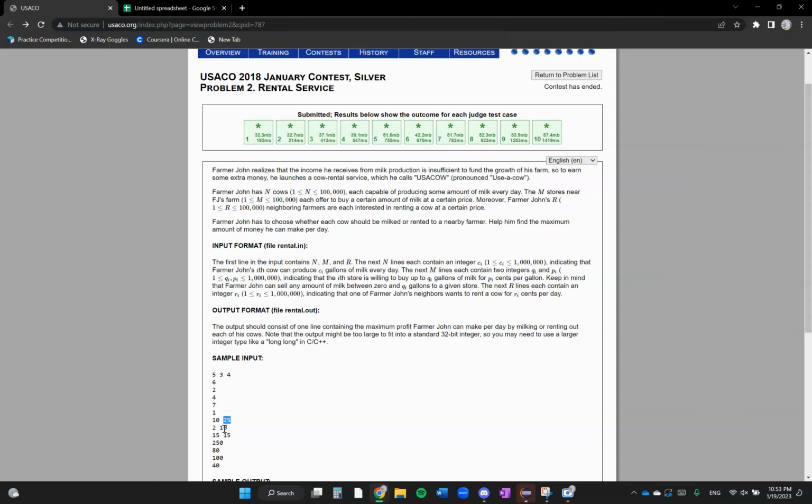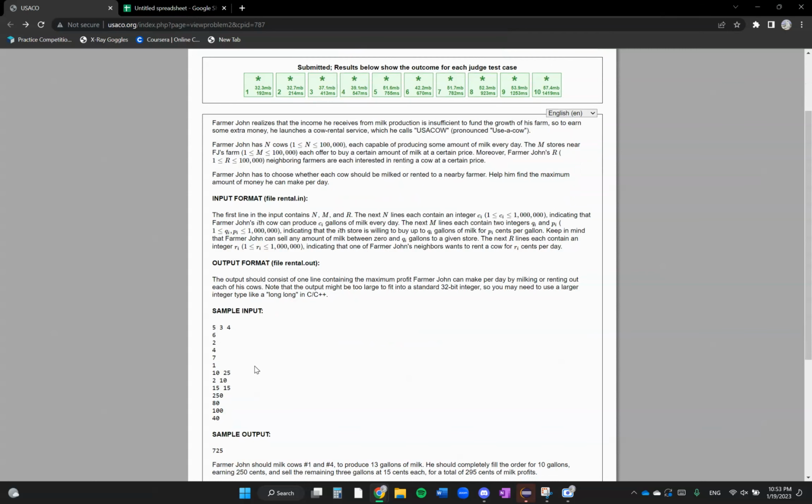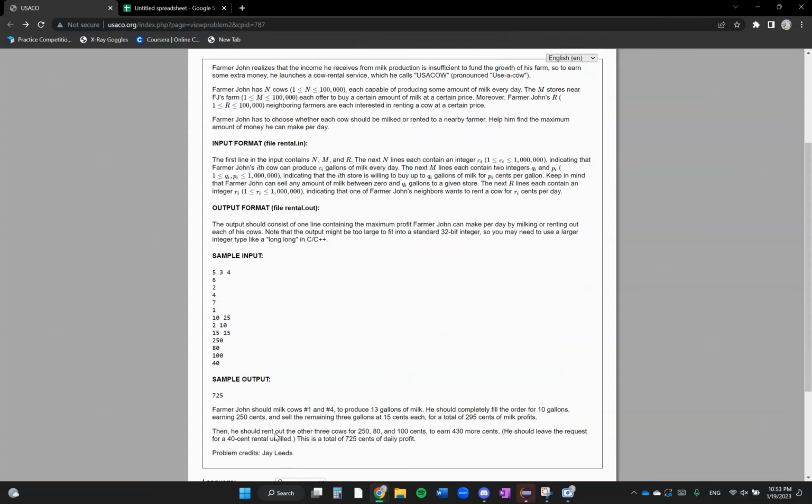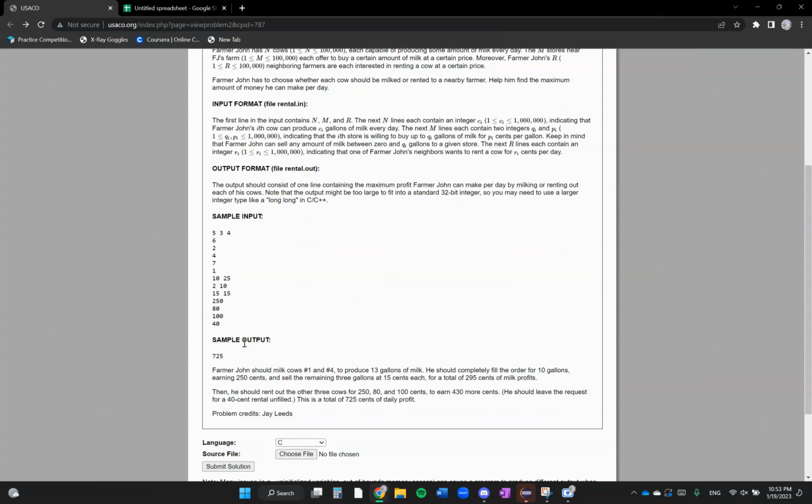And now this probably isn't 25 cents in real life, but let's just stick with the numbers. And after we compute all of this and find the most optimal solution, we have to output the amount of profit or money that Farmer John makes in cents.